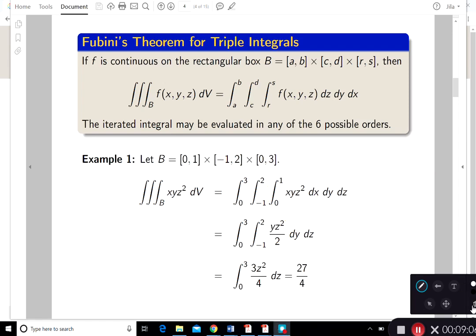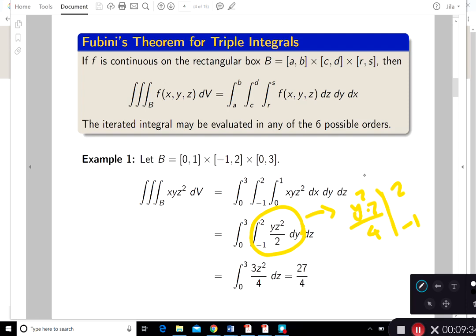And then when you find the inner integral, you're left with another integral. You evaluate this one, which is again with respect to y this time, and so you will have y squared z squared divided by 4. This time you have to plug in -1 and 2 for y, because we took the antiderivative with respect to y.